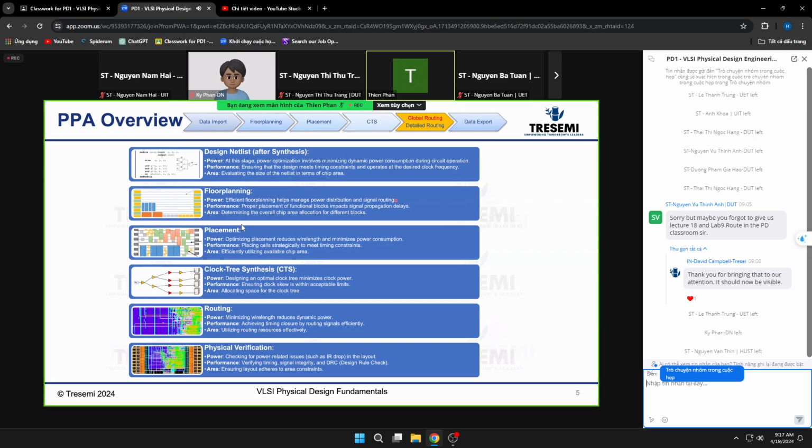So right here, we're at the routing stage. What we try to do is minimize wire length, right? So we try to get all the pins connected and routed with the minimum wire length, right? That's going to help with the power. And then performance-wise, we need to meet timing, right? And then certainly we want to be able to route the design successfully, right?